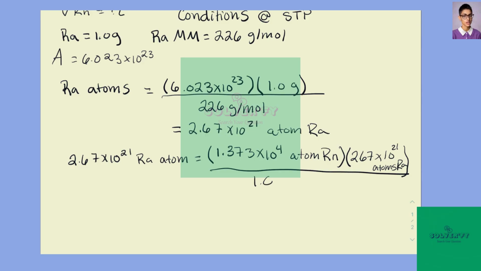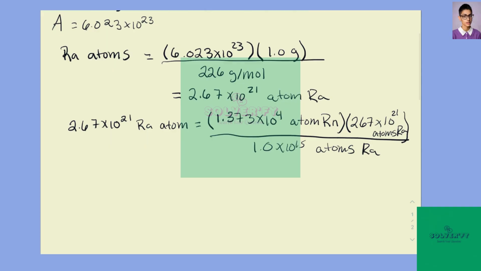I'm going to divide this by 1 times 10 to the 15 atoms of radium. So our atoms of radon is equal to 3.67 times 10 to the 10 atoms of radon per second.